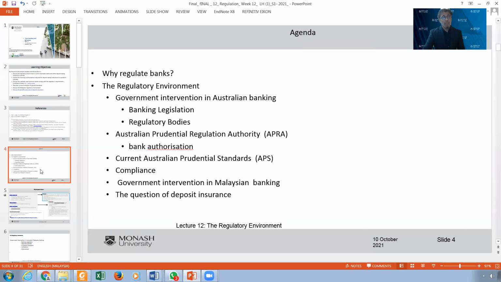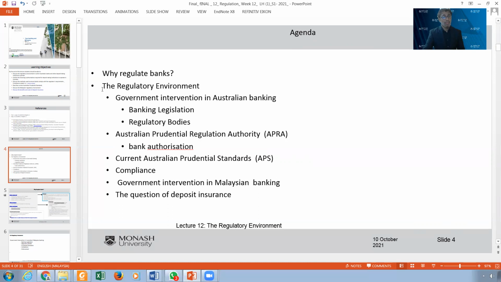Now, we will start to talk about the agenda, and our agenda is actually to see why we regulate banks. I think we have discussed this so many times: to protect the system, basically. And then the second part, we'll talk about the regulatory environment.